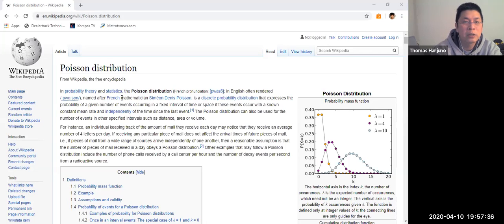Because it's named after a French mathematician. Because it's French, we don't read it as Poisson, it's Poisson. Very similar to the nasal voice we use to read croissant, the type of French bread.